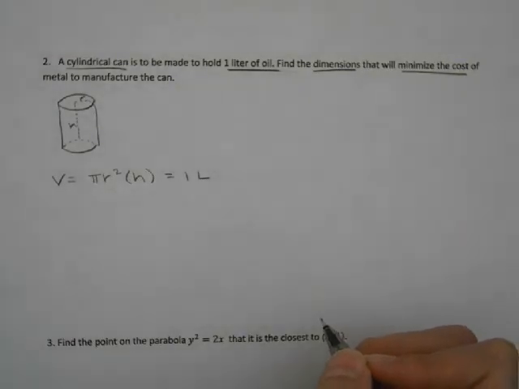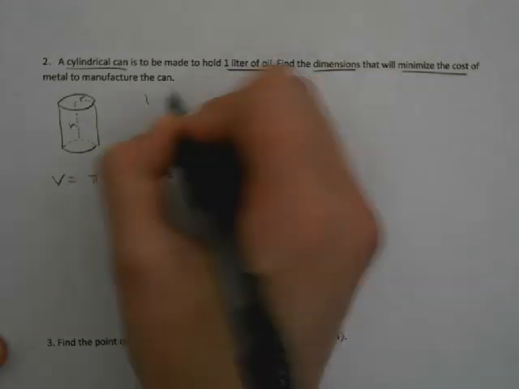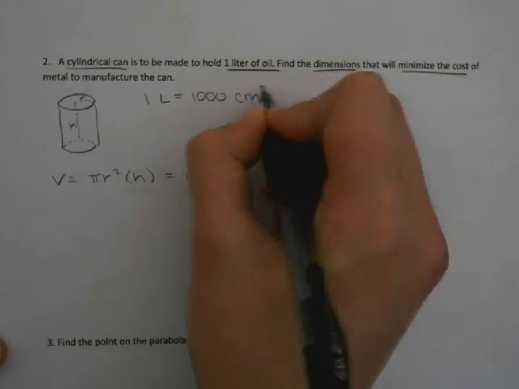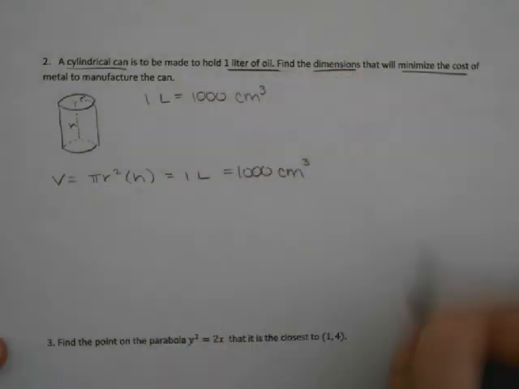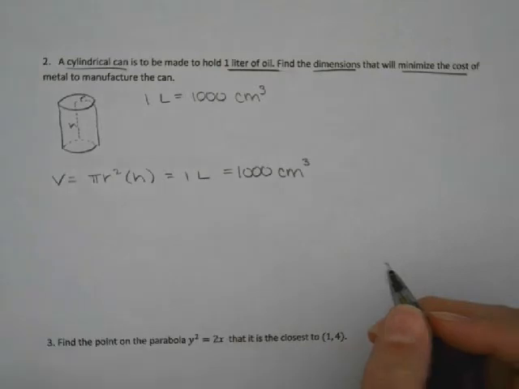So if you were to Google convert 1 liter into and see what the different measurements are, you can actually convert 1 liter into cubic centimeters, and 1 liter actually makes 1,000 cubic centimeters, and so that is the measurement we're going to do. I'm sure you could convert it into cubic inches, but the number would probably not be nearly as nice as centimeters.